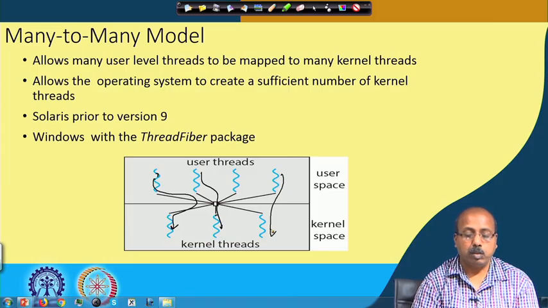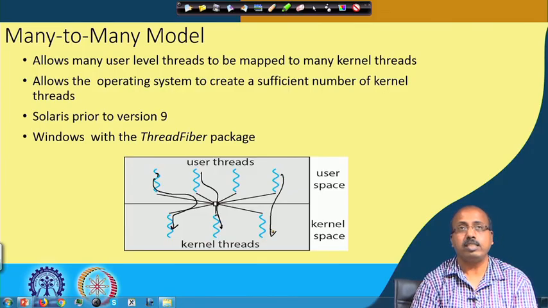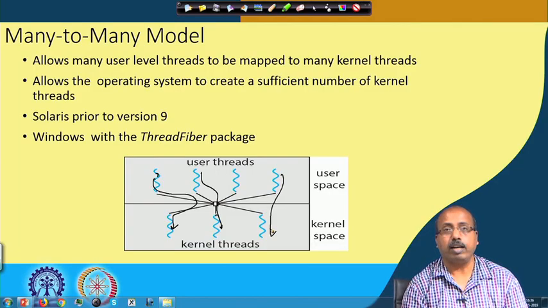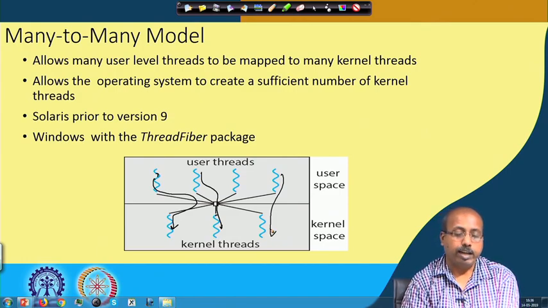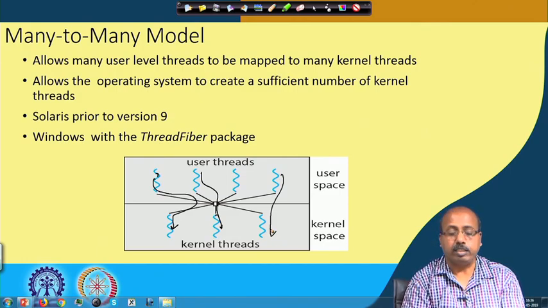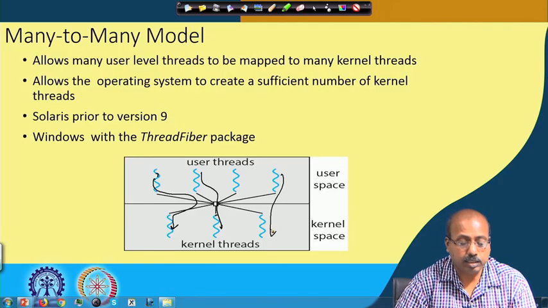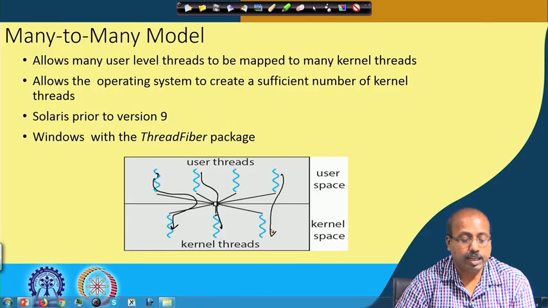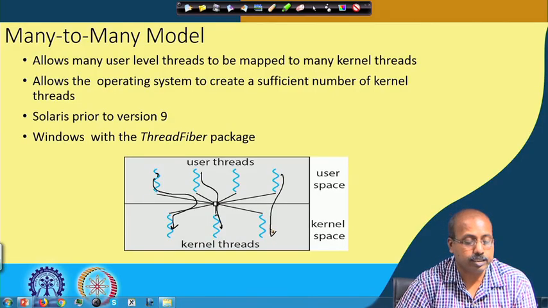What happens here is that the OS designer can decide, okay, I will create some number of kernel threads which is assumed to be good enough for the type of load that the system has, and it may also be a tunable parameter. The OS designer will create a number of kernel threads and then do the mapping between the user threads and kernel threads.